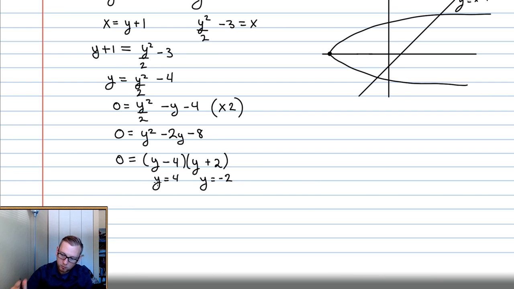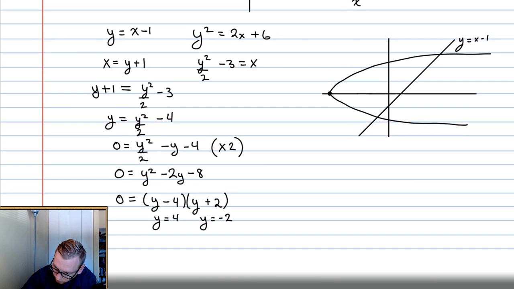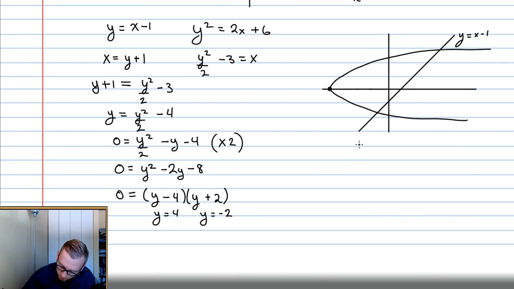Okay, which means when y is 4, that's up here, what is the x value? The x value will be, well, 4 equals x minus 1, add 1, x equals 5. So 5, 4. What about this value?